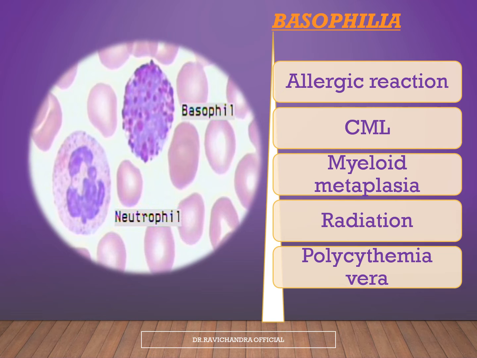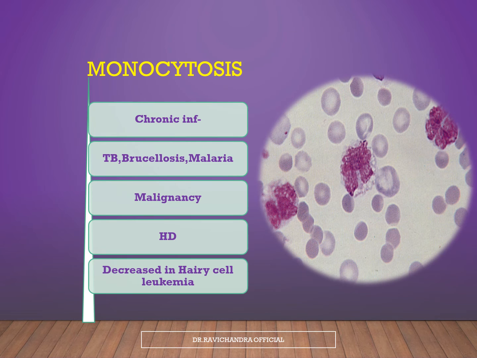Basophilia conditions: allergic reactions, CML, myeloid metaplasia, radiation, and polycythemia vera. Monocytosis is seen in chronic infections, tuberculosis, brucellosis, malaria, malignancies, Hodgkin disease, and decreased in hairy cell leukemia.